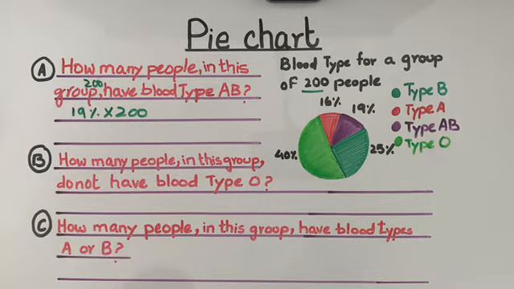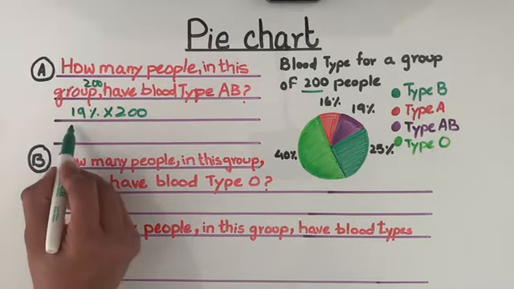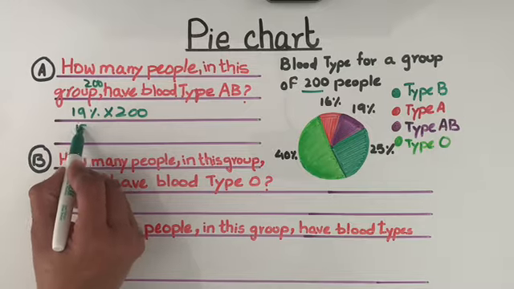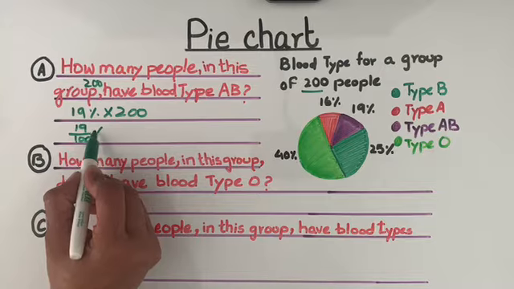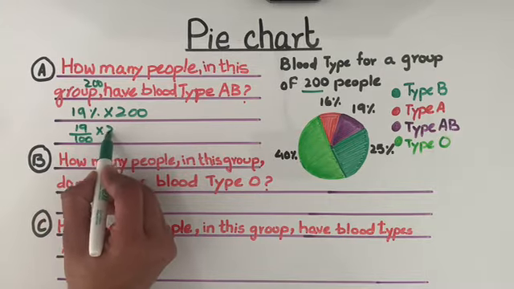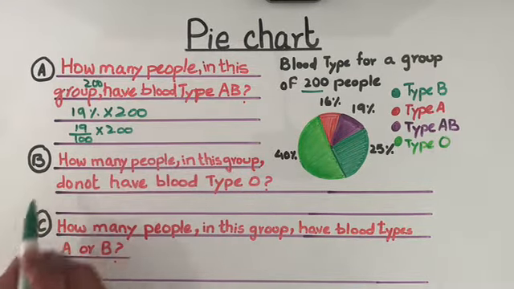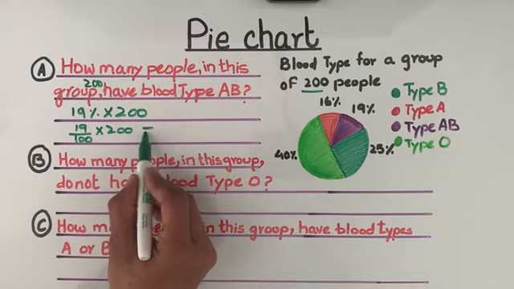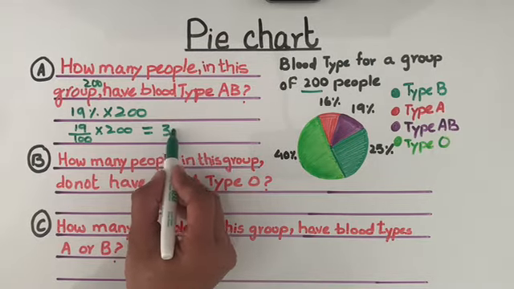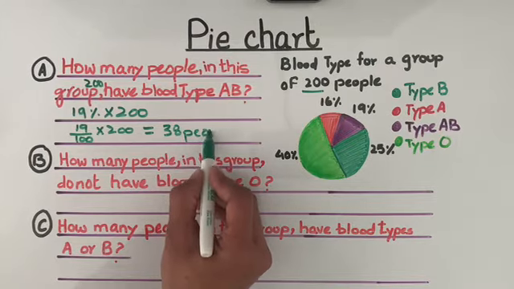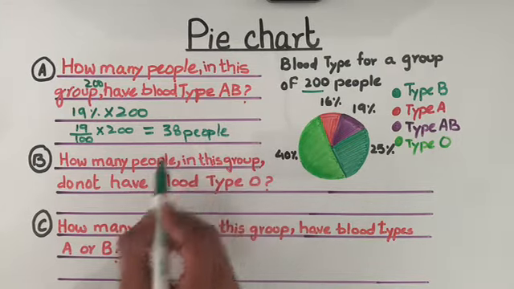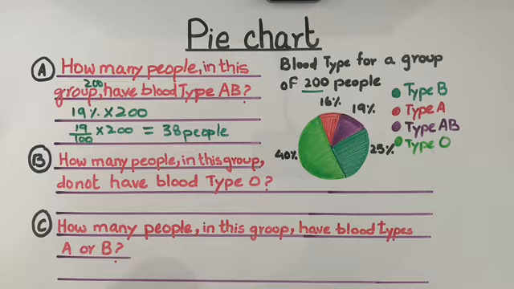This will be our equation. Let's solve it. 19% means 19 divided by 100 times 200. When I'll solve it, I'll get 38 people. 38 people out of 200 people have blood type AB.